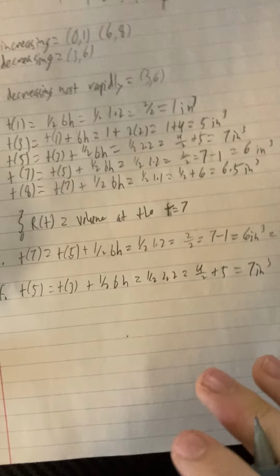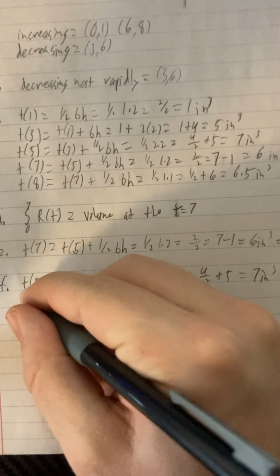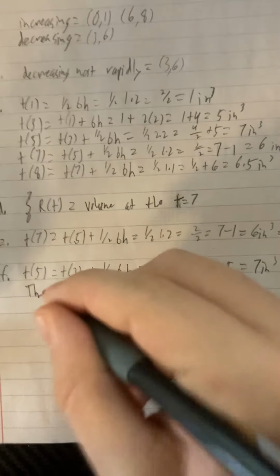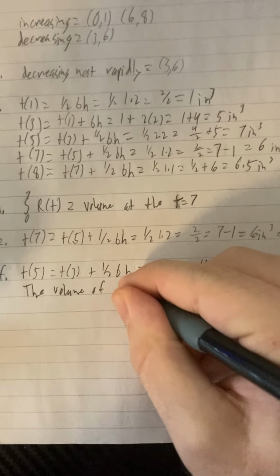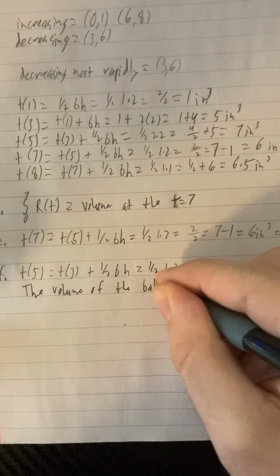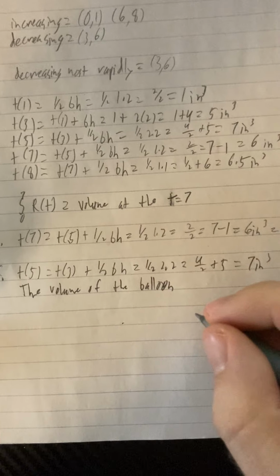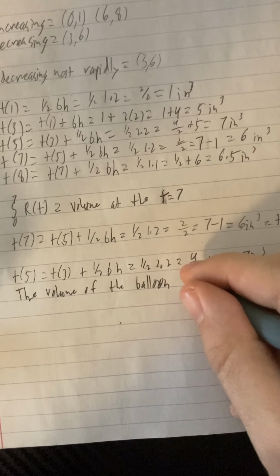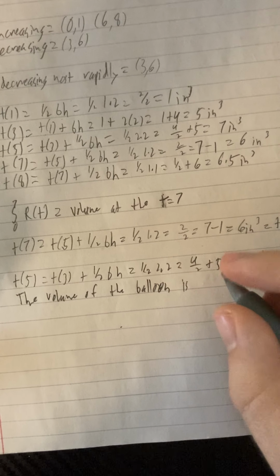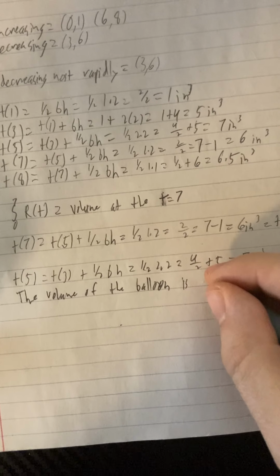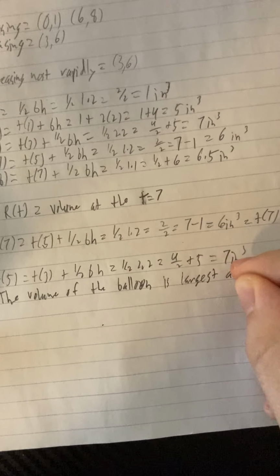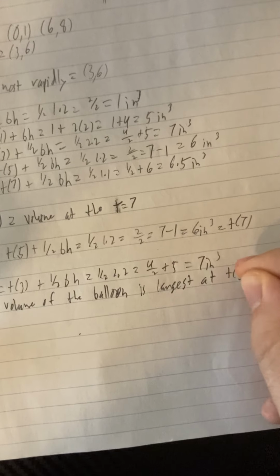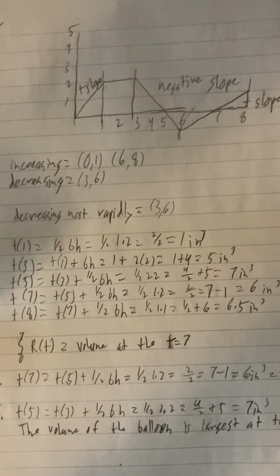So the volume of the balloon is largest at T of 5, because if we integrate all of the points, we can find that.